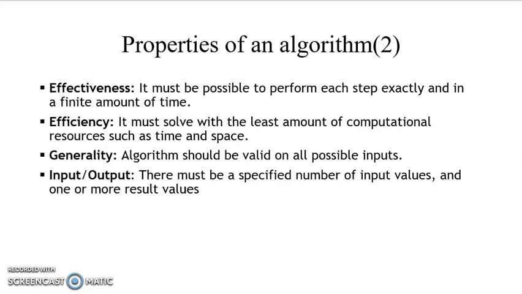The other property of an algorithm deals with input and output. An algorithm has an input and it must generate at least one or more outputs. As we have seen before, for the problem of computing the summation of three numbers, the algorithm must generate their summation.